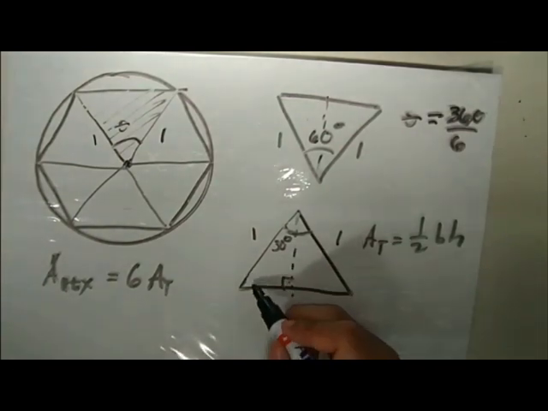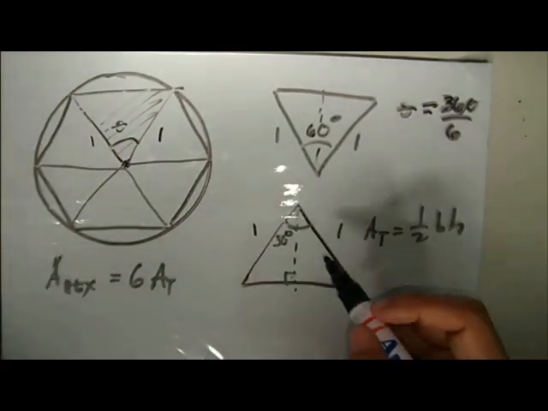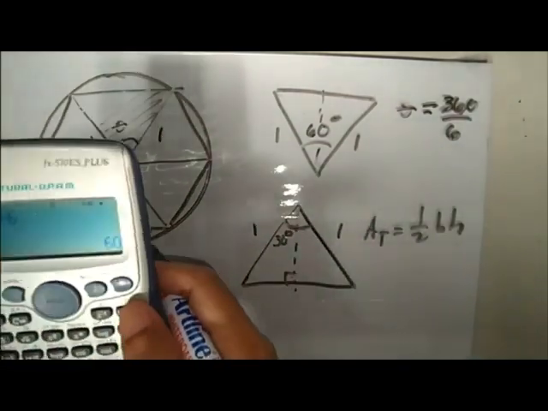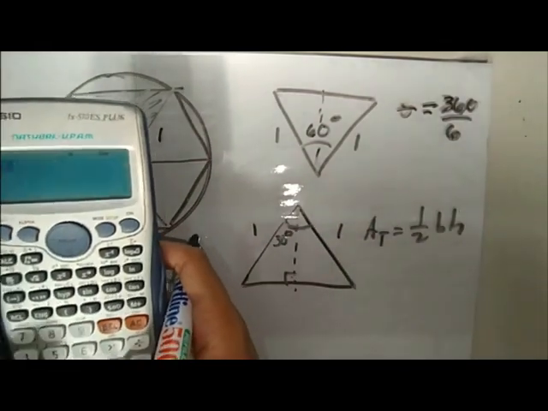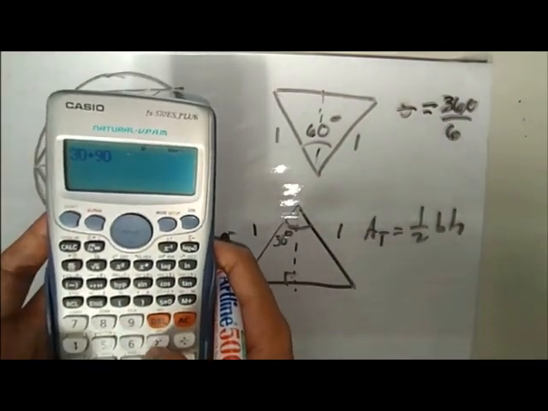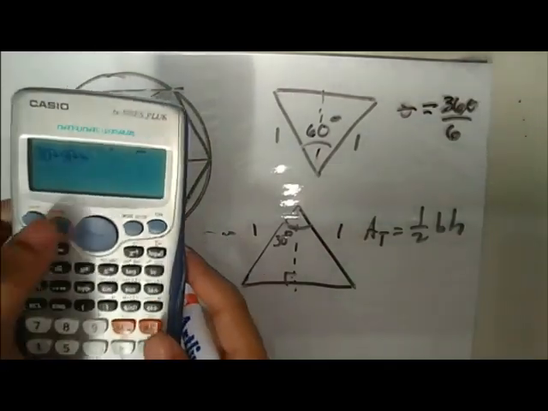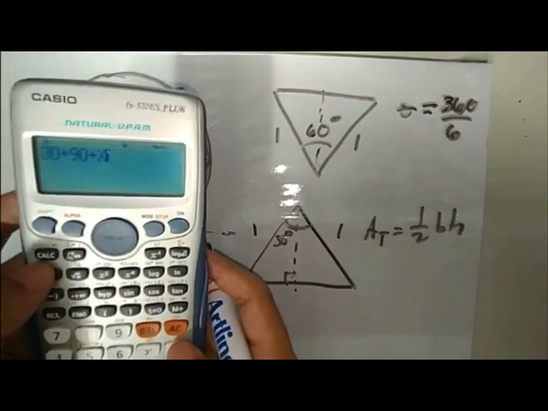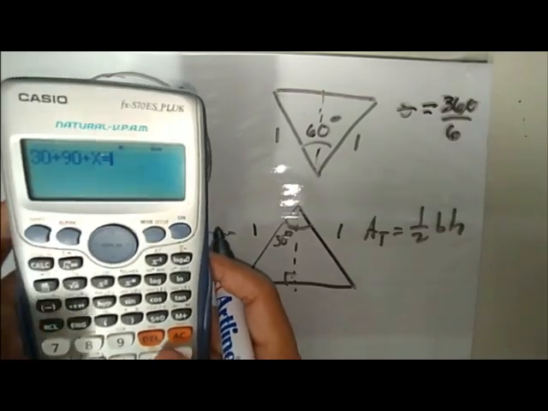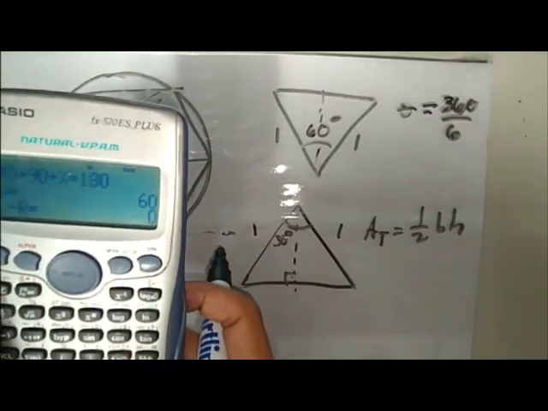Ang sum na kasi ng angle niya is 180, di ba? So, 30 plus 90 plus, let's say, x equals 180. So, ilan yung angle na yon, which siya ay 60 din.